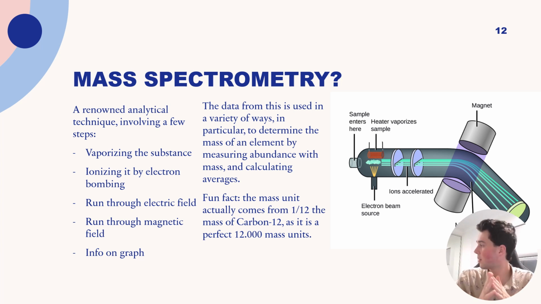So it'll send a bunch of electrons into the sample, and in doing so, it'll ionize it, which will give it the charge. After it's been given a charge, it'll be sped up through an accelerator, run through the electric field, which will speed that up. So that's what the ion acceleration is.